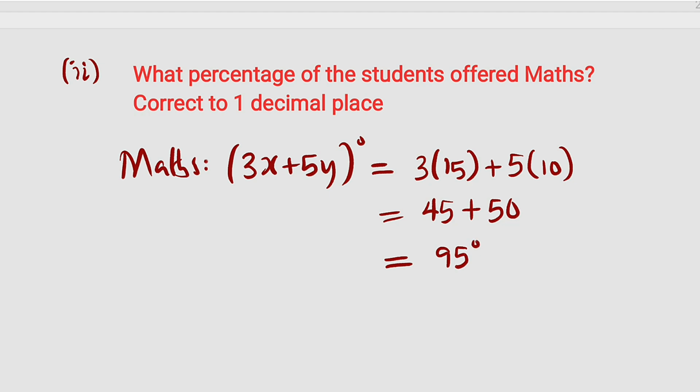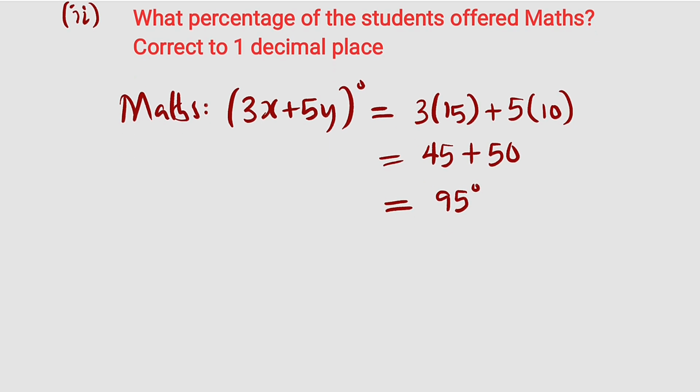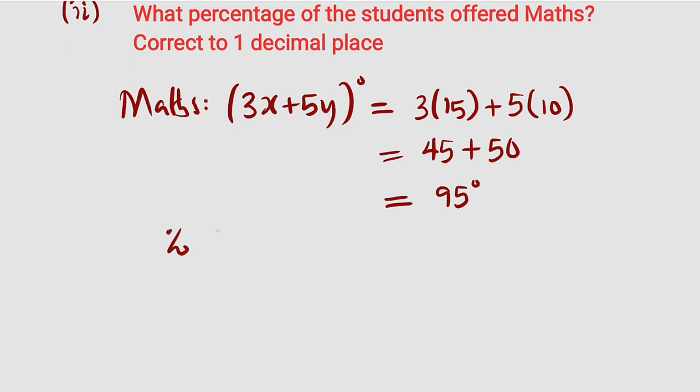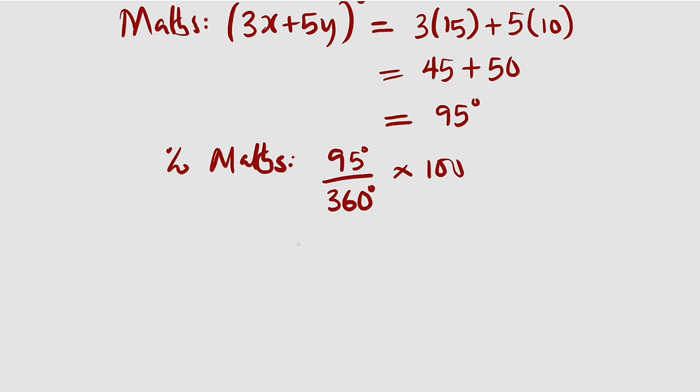If you add this together, you have 95 degrees. So the angle representing mathematics is 95 degrees, but we are looking for the percentage. Percentage of mathematics will be the angle, 95 degrees, out of the total circle, which is 360 degrees, multiplied by 100. 95 divided by 360 gives us 0.26388, and so on.